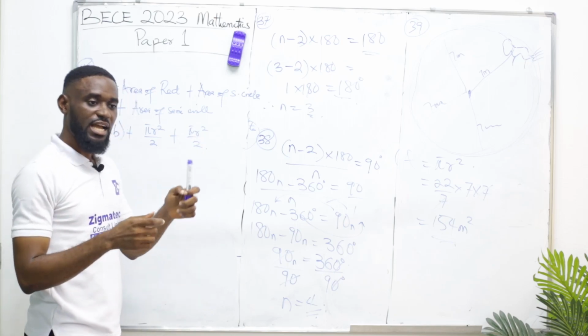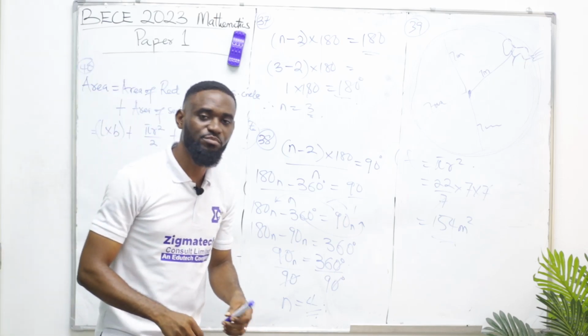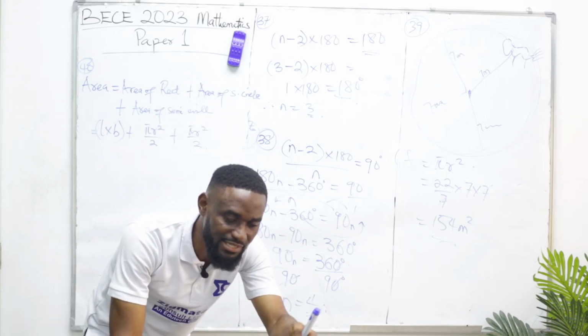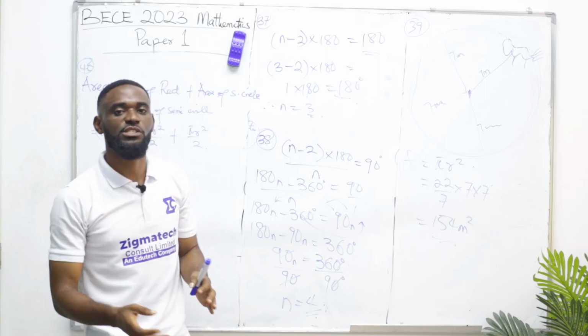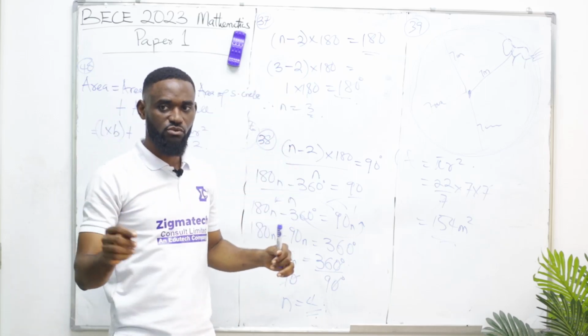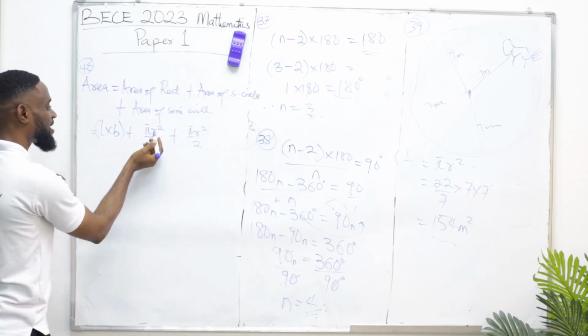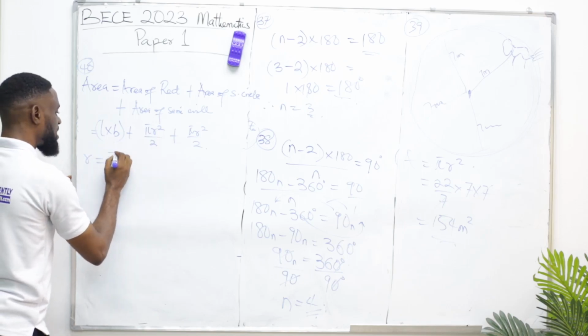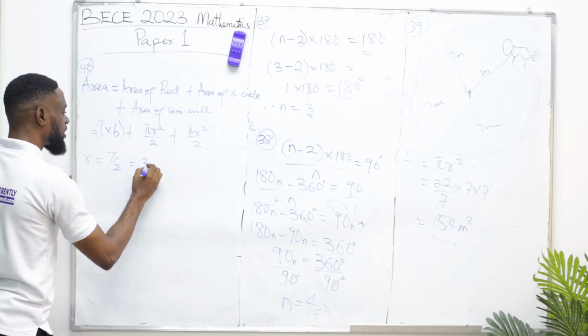But the thing is, our radius should be 3.5 because what was given to us here is diameter, right? So remember, radius is diameter divided by 2, right? So our radius, first of all, r is equal to 7 over 2, which is 3.5.